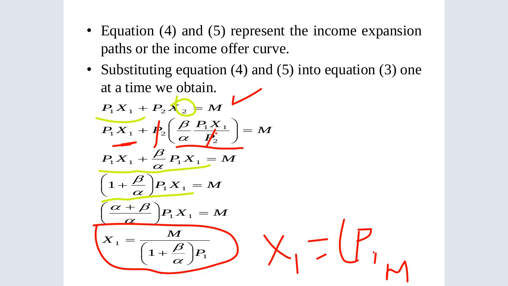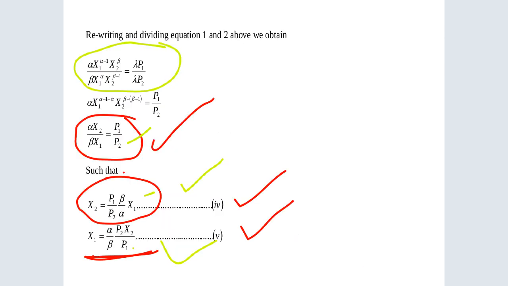Also do the same for commodity 2. So you can get the demand function for commodity 2, and in this case, we need to replace x1 in our budget constraint. So x1 is given here. This is x1.